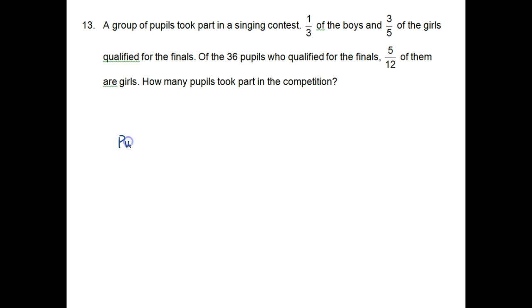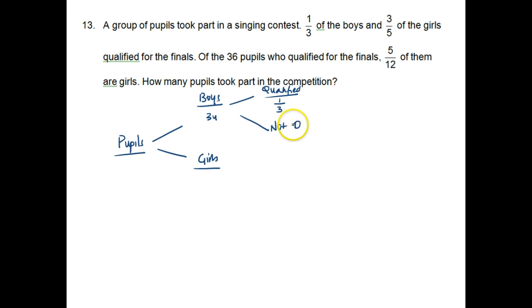So I have my pupils. It's divided into boys and girls. 1/3 of the boys. So boys is 3 units, right? 1/3 of the boys qualified. Not qualified will be 2/3.